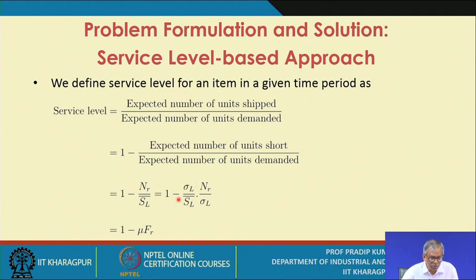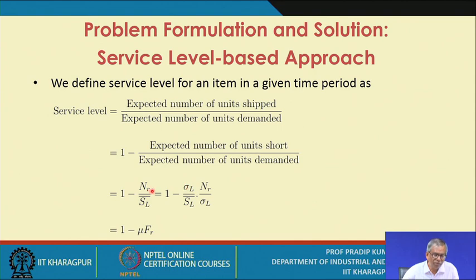We are referring to the Q system here. The average lead time demand is SL bar, and the standard deviation of the lead time demand is sigma L. So sigma L by SL bar is nothing but the coefficient of variation, and that's why we have used this notation mu.